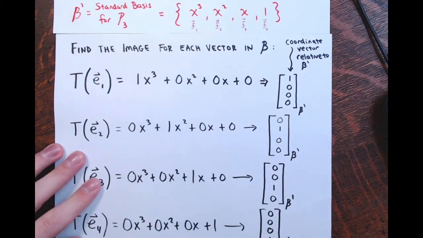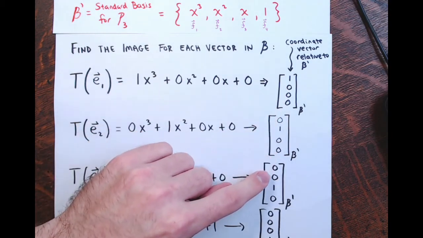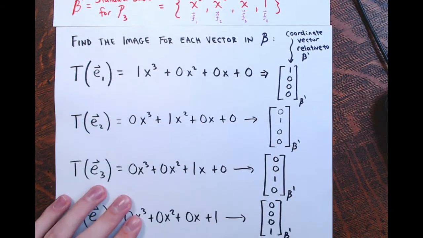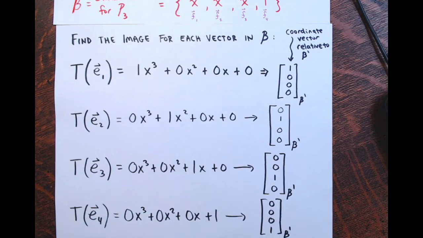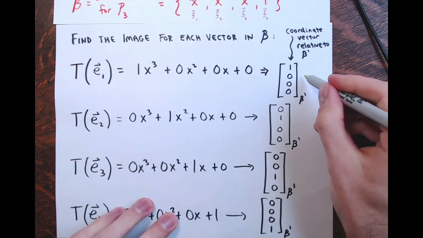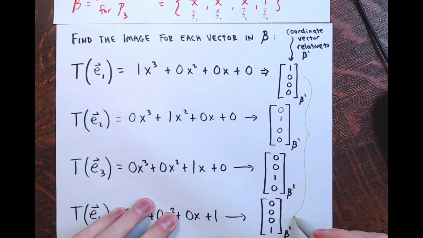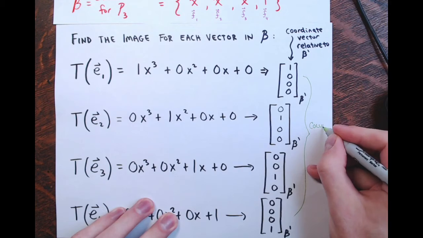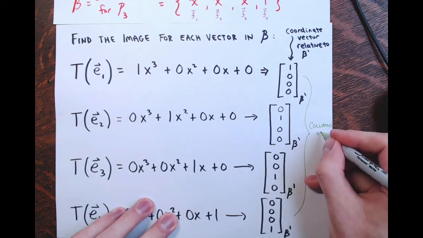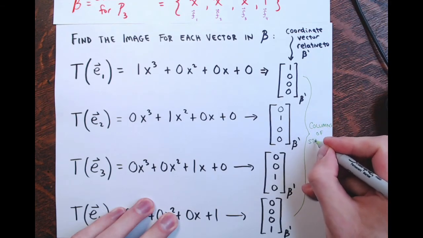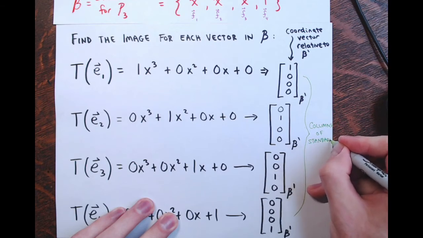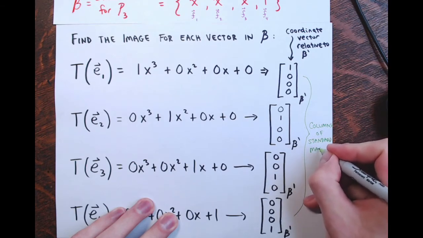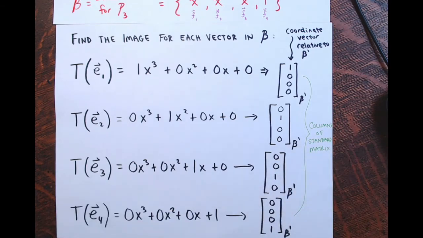All right. And then each of these form the columns of the standard matrix for this transformation. These coordinate vectors are the columns of the standard matrix for this transformation.